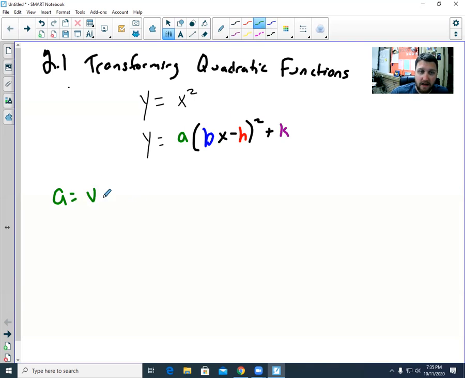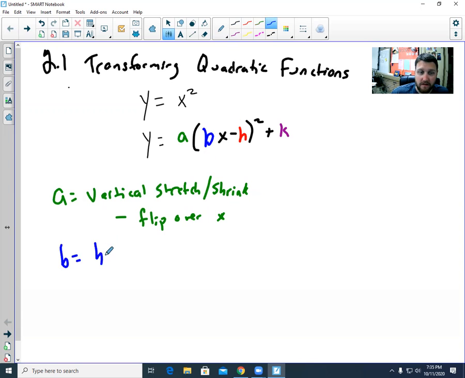When a is out front, it is a vertical stretch or a vertical shrink. And we also know that when it's negative, it's going to flip it over the x axis. We know that we have b. When b is inside with the x value, this is a horizontal stretch or shrink, and when it's negative, it flips it over the y axis.